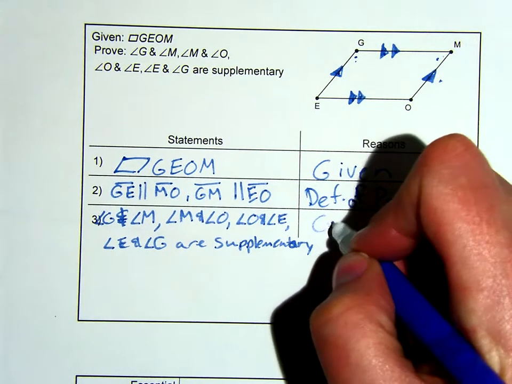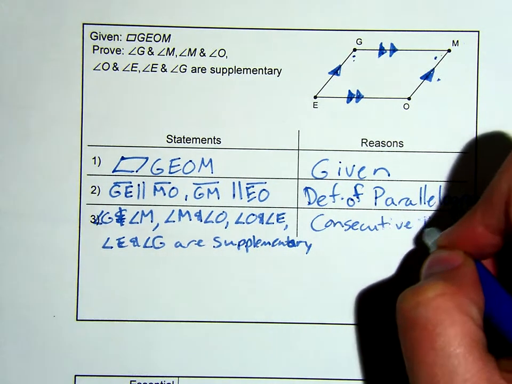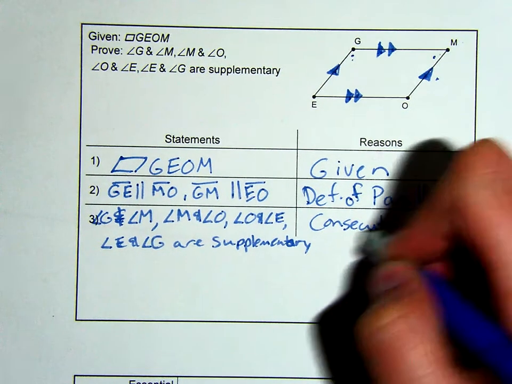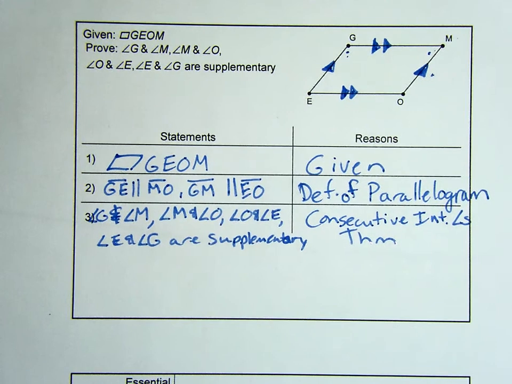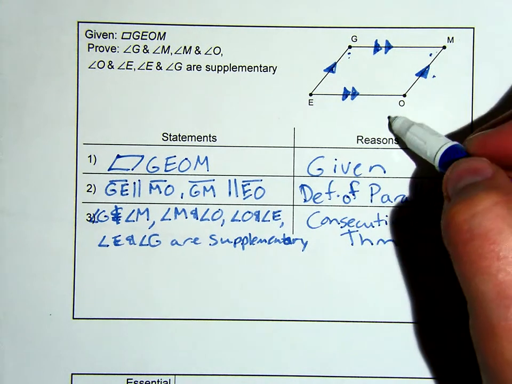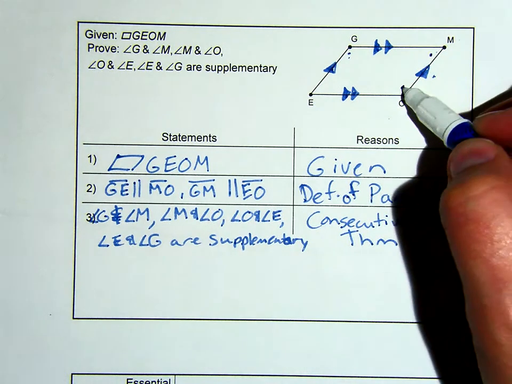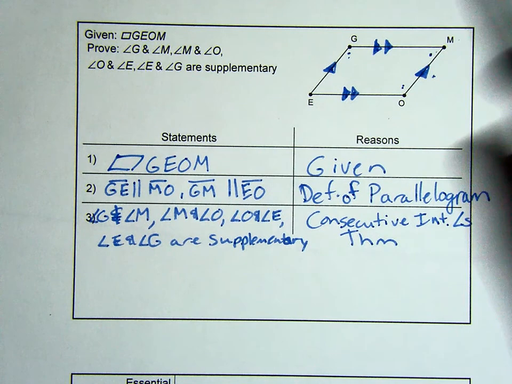That's our consecutive interior angles theorem. Double checking as we go around, M and O are consecutive interior angles, so they are supplementary by our consecutive interior angles theorem.